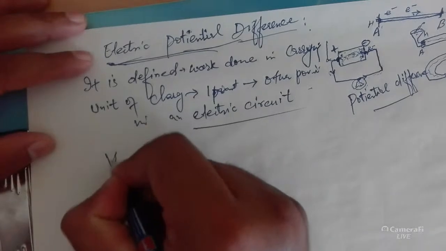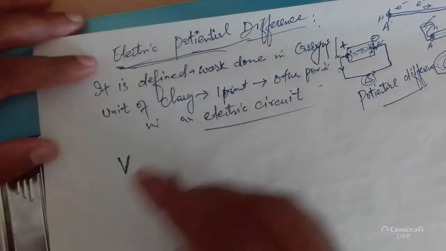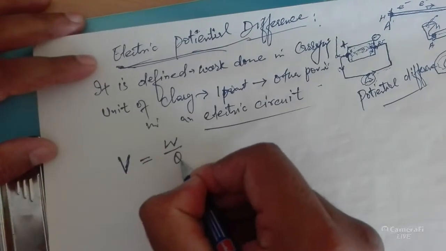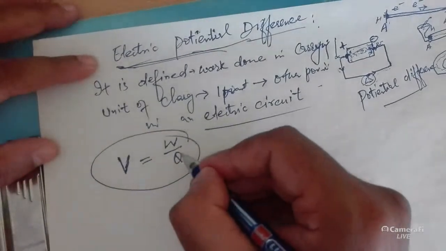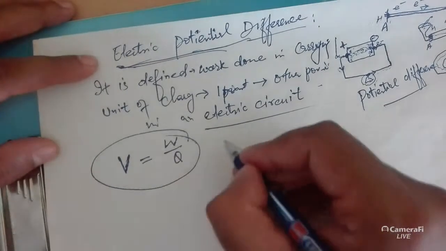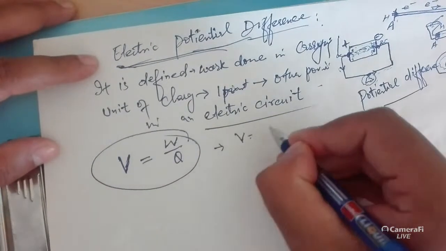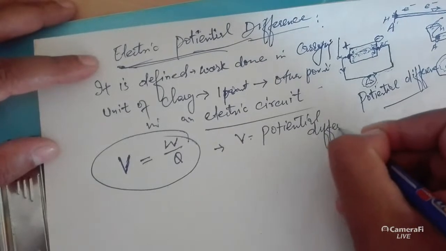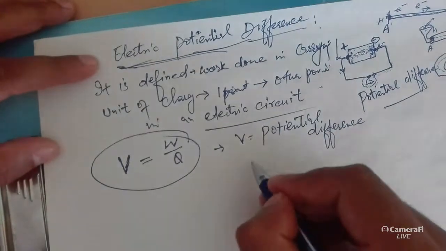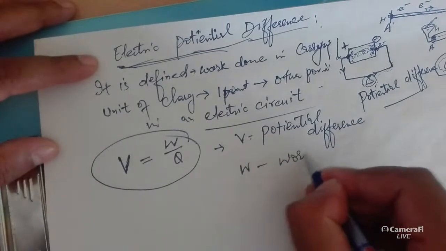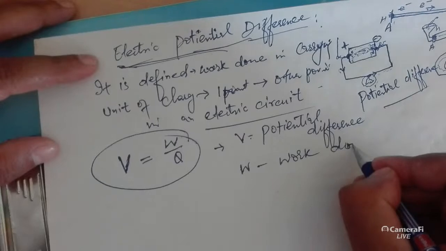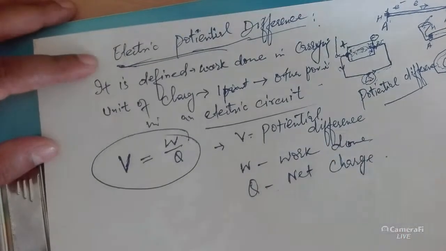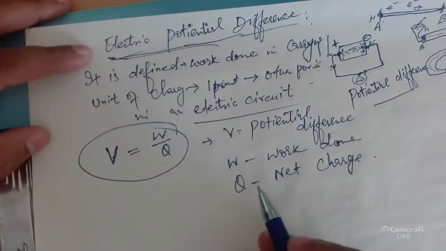It is defined as capital V. So V is equal to work done per unit charge, W by Q. Here V is the potential difference, W is the work done, and Q is the net charge. So this is the formula for electric potential difference.